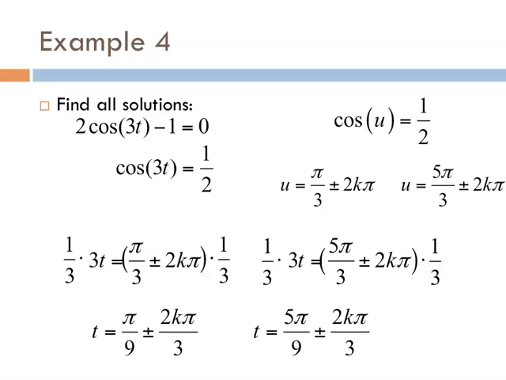You would continue on until you get to a value that's more than 2 pi, and you know you can stop there. Do the same thing with the other answer, 5 pi over 9 plus 2 pi over 3, 5 pi over 9 plus 4 pi over 3, and continue on until you get all your solutions. In all, you should have 6 solutions if you are asked to find all the solutions between 0 and 2 pi.